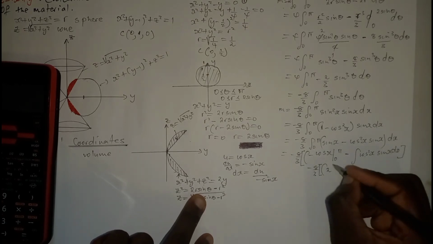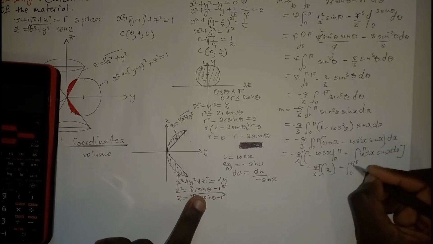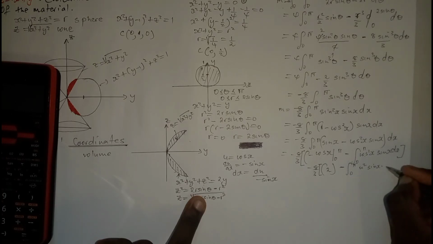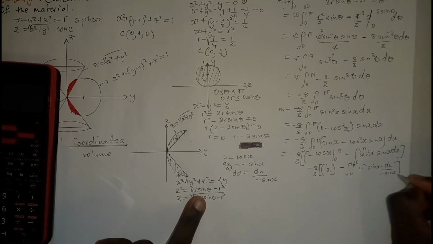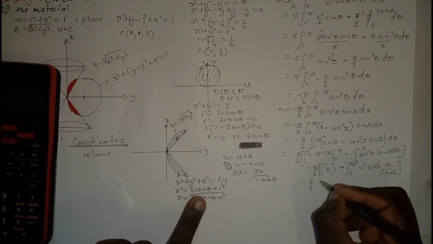Okay, so we have our 2 here. We're going to have from 0 to pi, and for cos x it's going to be u squared. For sine x we're going to write sine x, and for dx it's going to be du over negative sine x. And you can see sine x and sine x go away, negative and negative go away.